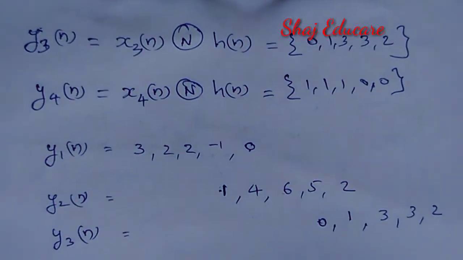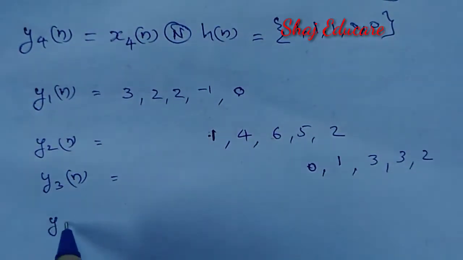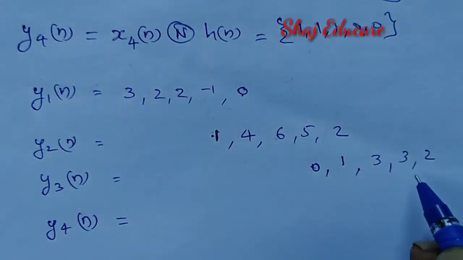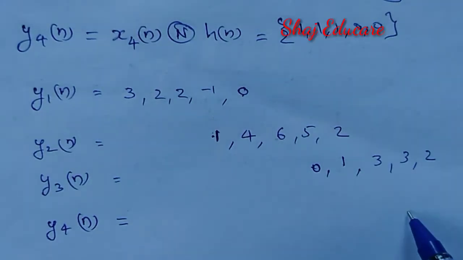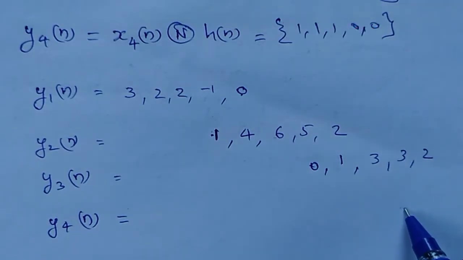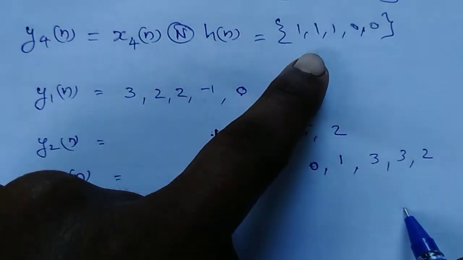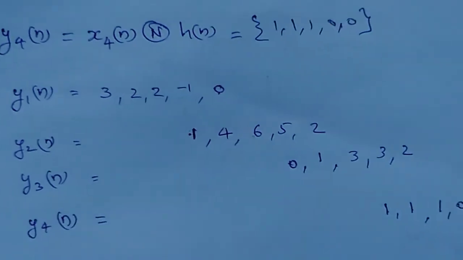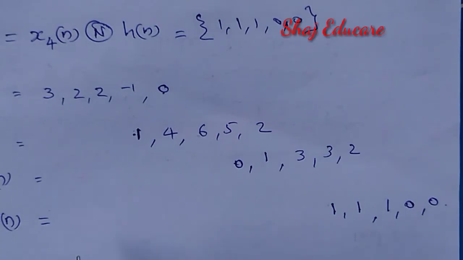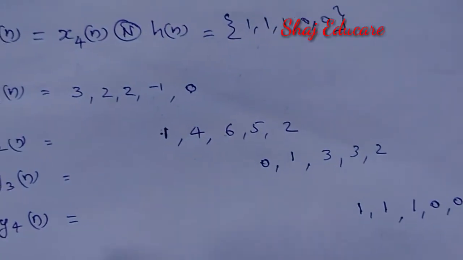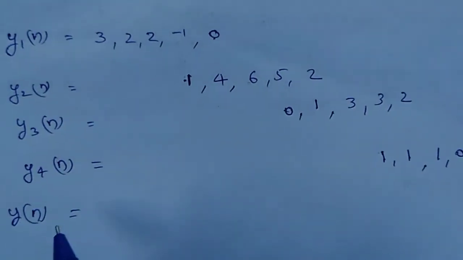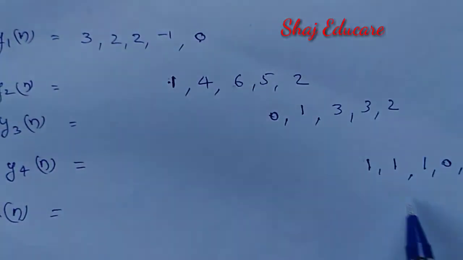And finally write y4 of n. Of course, that should start from the position of 3 onwards. That is 1, 1, 1, 1, 1, 1, and 0, 0. Now we are going to write y of n from these data.